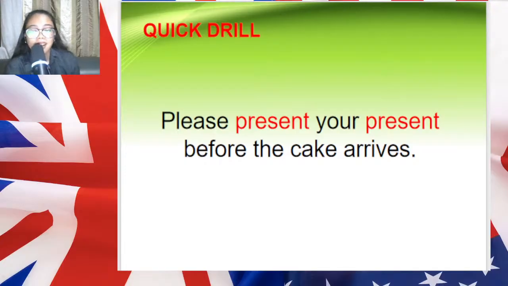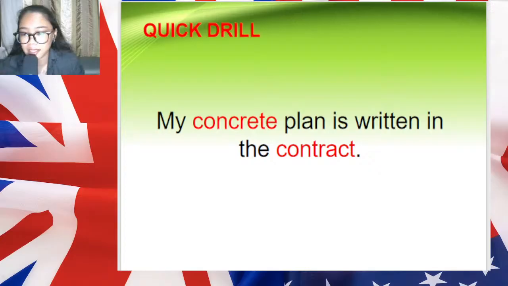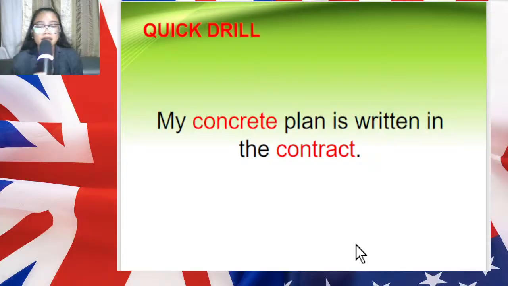Okay. Let's move on to the next. We have this one. Concrete. No, it's not the same word here. So let's see which parts of speech are used in these words.